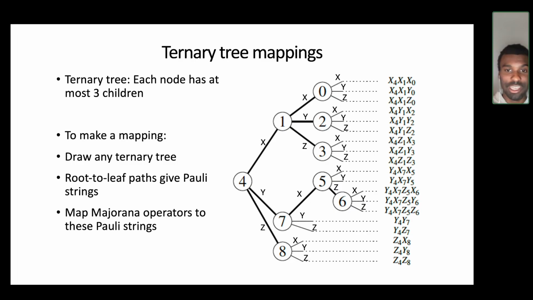The particular collection of Pauli strings that come from any particular ternary tree can be put together somehow, in details which I will gloss over now but are available in the paper, to turn this into a fermion-qubit mapping. You basically make the Majorana operators these things.